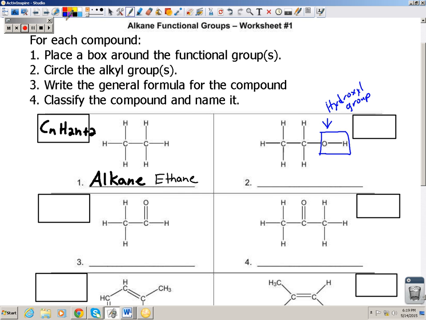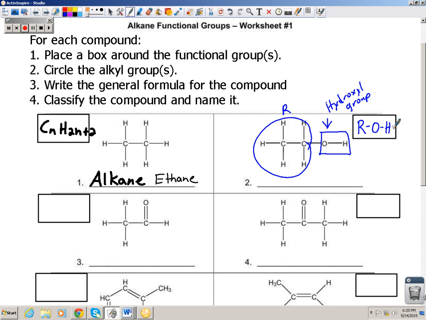Now we'll do that. And that is all this carbon-hydrogen group. And we're ready to, number 3, write the general formula for the compound. So when writing the general formula, this circular group, we're going to imagine it becomes an R. And then we attach to it our functional group. So our general formula here is R connected to an OH.